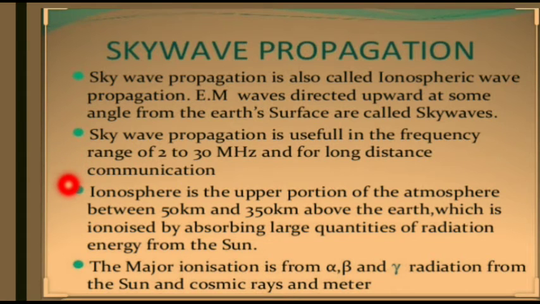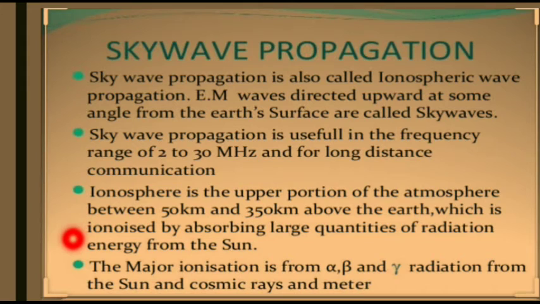The third one is that the ionosphere is the upper portion of the atmosphere between 50 kilometers and 350 kilometers above the earth, which is ionized by absorbing large quantities of radiation energy from the sun.